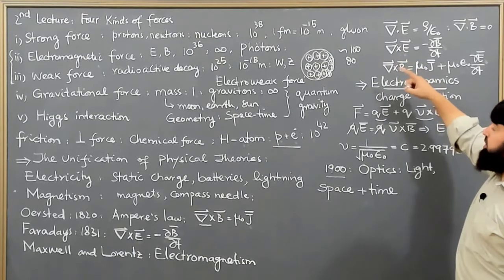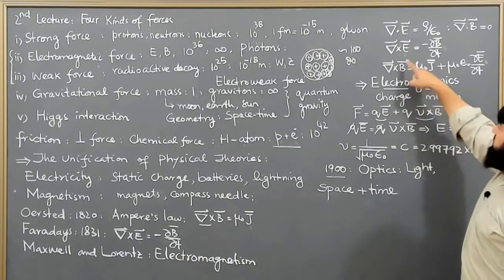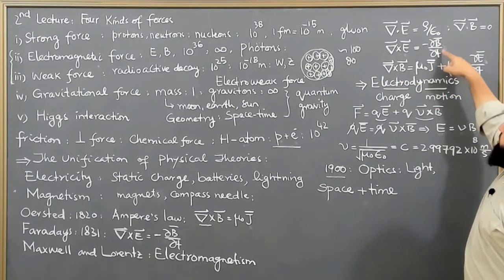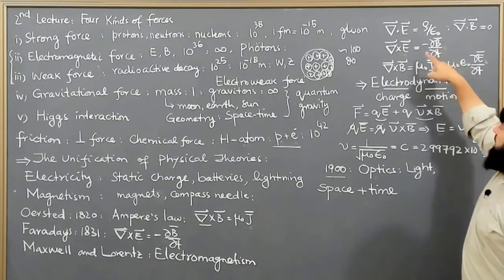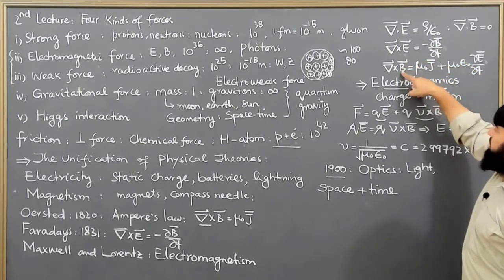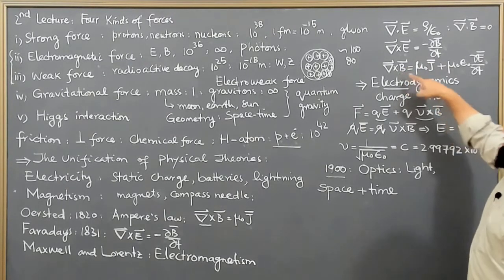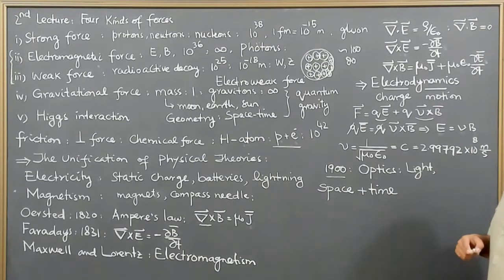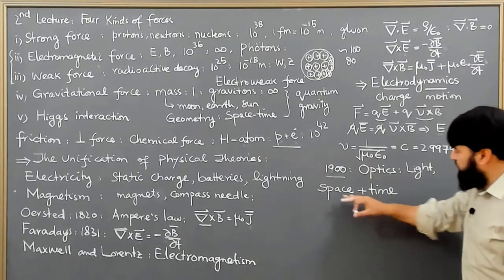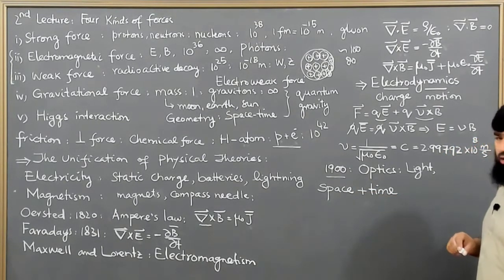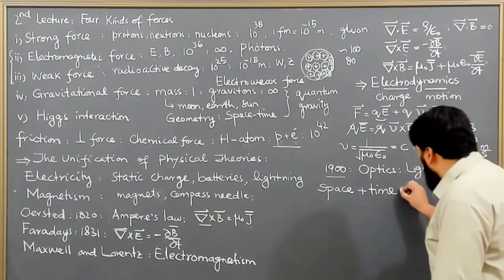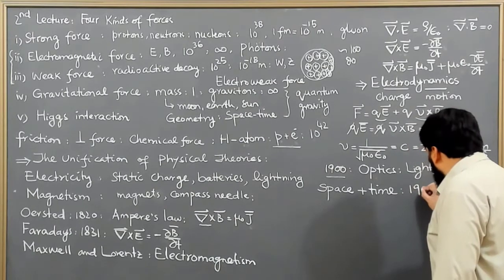What seems to us electric field in space is magnetic field in time, and what seems magnetic field in space seems to be electric field in the frame of time. So space and time are involved here, and Einstein started from here.